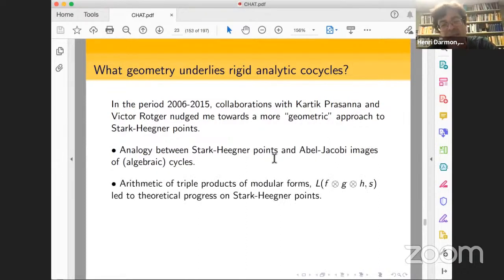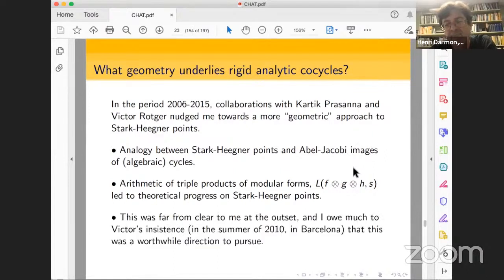And then later with Victor, we started thinking about the arithmetic of triple products of modular forms. And that ended up leading to a lot of progress, or some progress, I should say, on the theory of Stark-Heegner points. So in general, when one looks at a triple product L function where F, G, and H are classical modular forms of, say, weight 2, one can produce an algebraic cycle that says something about the leading term of this L function in the spirit of the Bloch-Kato conjectures.